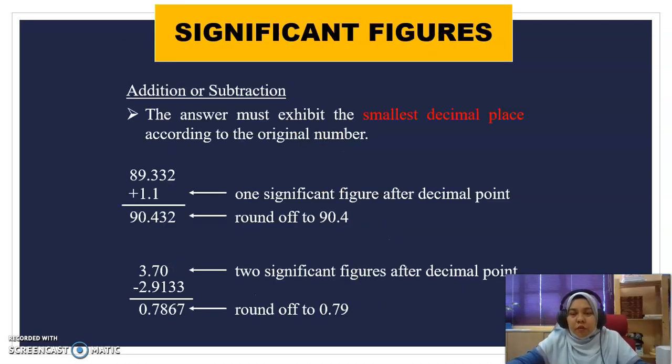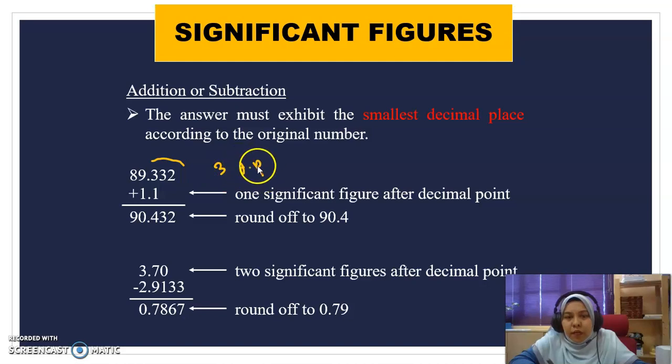Next we go for significant figures in mathematical operations. For addition and subtraction, the rule is the same. For these two operations, what you need to look at is the decimal place, how many digits after the decimal point. For example, 89.332 has 3 decimal places, plus 1.1, which has 1 decimal place.